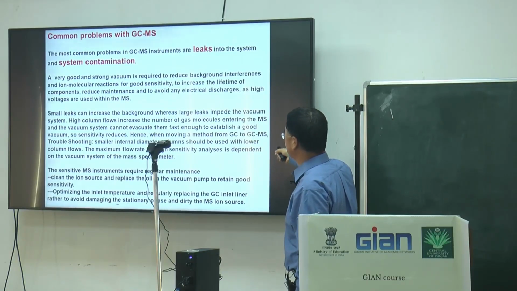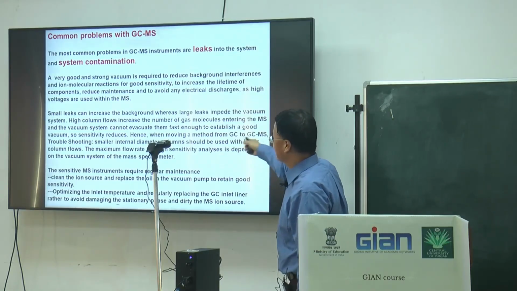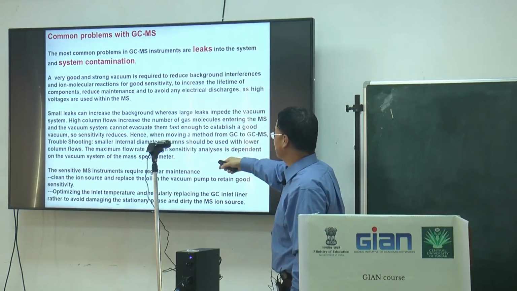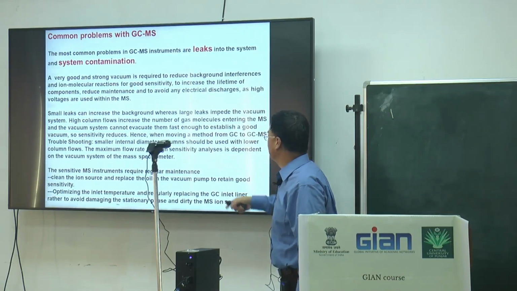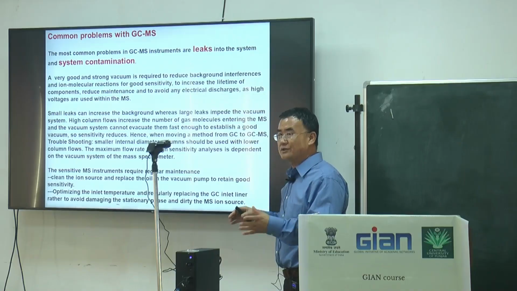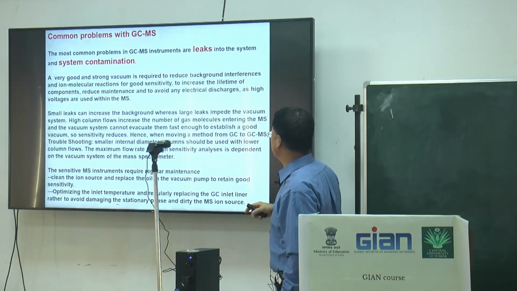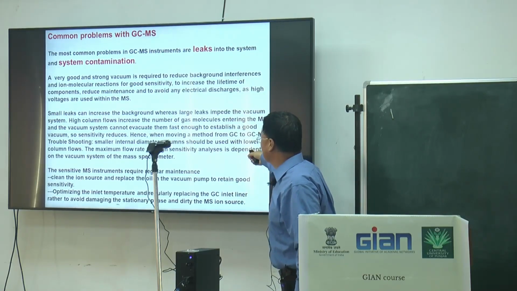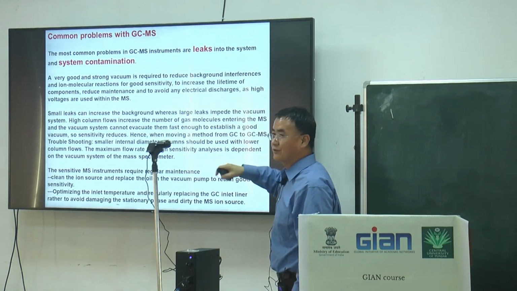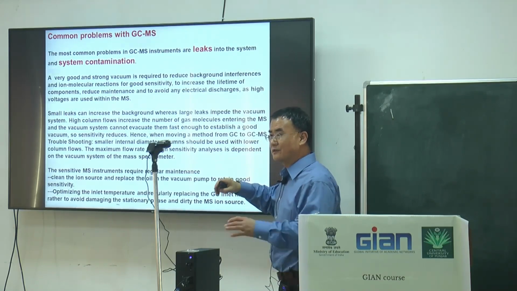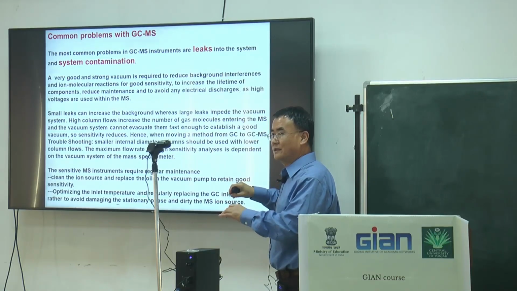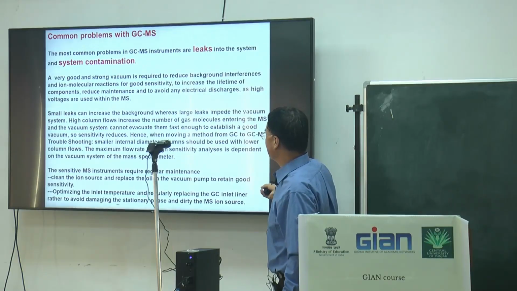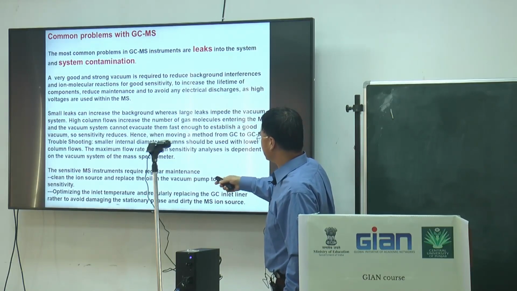Therefore, the method for the GC-MS can be adjusted. For troubleshooting, a smaller internal diameter column should be used to increase the separation and also reduce the column flow rate, so the sample does not enter the mass spectrometer too fast and crowd the molecules for metabolite identification.